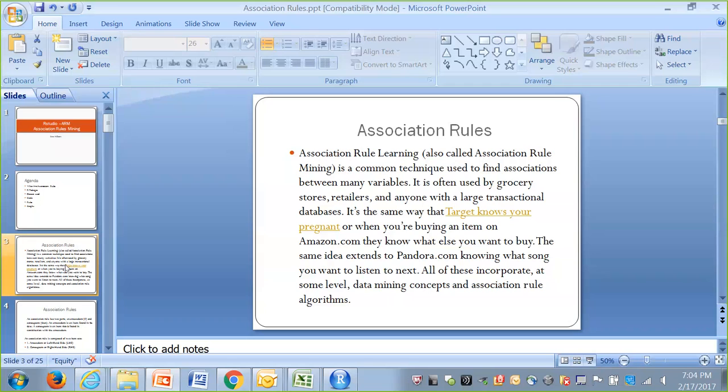So they're saying, okay, this person has purchased a country music song, the same one you purchased, but they're listening to something else, which they then bring up on your screen and say, this is something you may be interested in. This is all association mining behind the scenes.